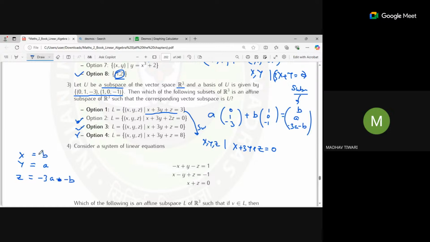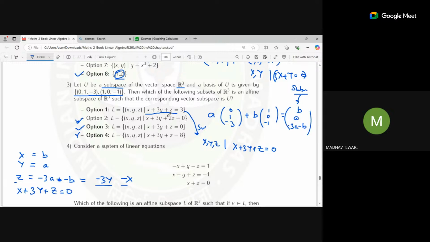So x value is b, so I can replace this b with x. Y value is a, so instead of a, I can write y. So this equation z equals minus 3y minus x, I can rewrite it as x plus 3y plus z equals 0.